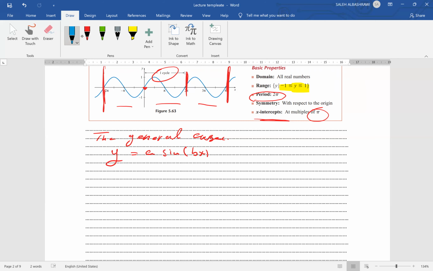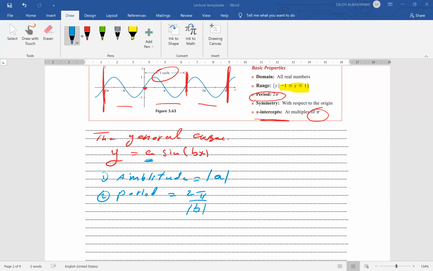Now for this one, number 1, the amplitude will equal the absolute value of a, the coefficient. Number 2, the period is 2 pi divided by the absolute value of b.